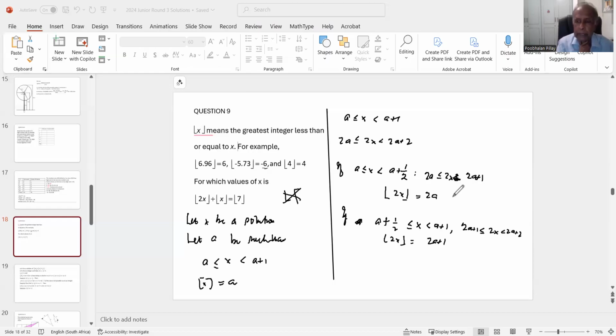Now, let's take this case here. If x is this, then this equation here, okay, I think I can squeeze this in. Now you got 2x plus x equals 7 implies that, let's take this case here.